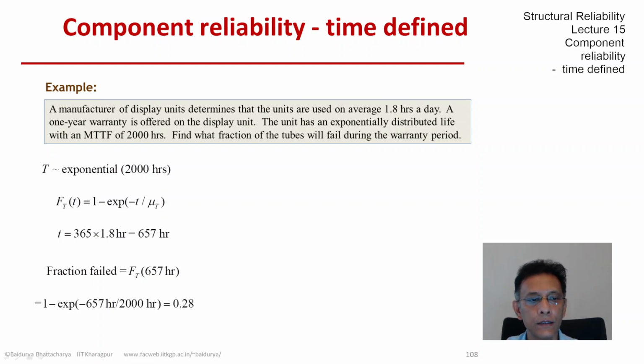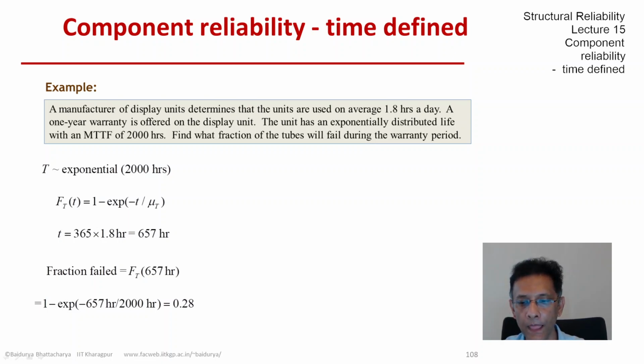If we just plug in the values, it comes to 0.28. So 28% of all such display units would be expected to fail before the end of the warranty period.